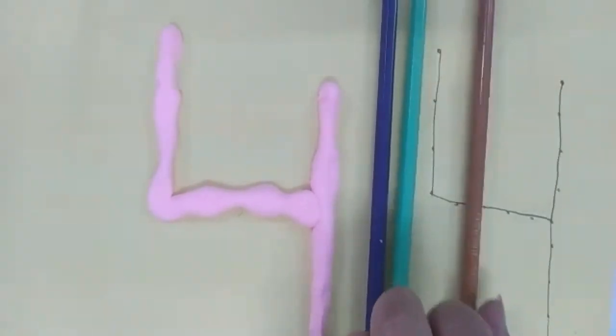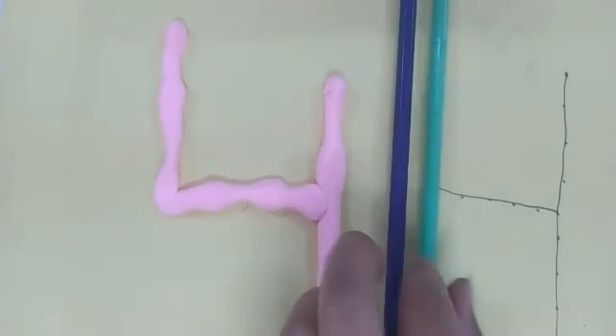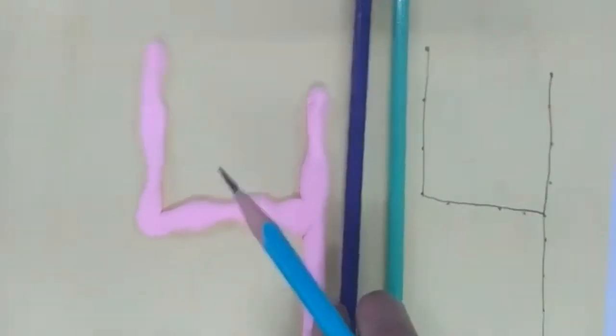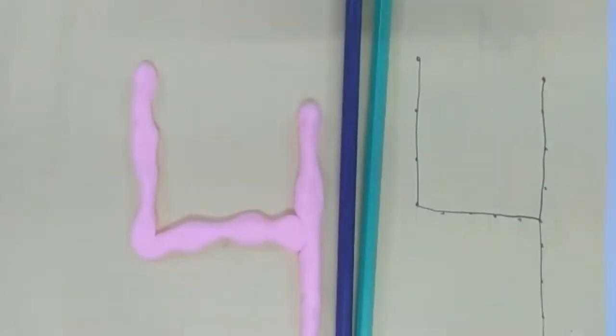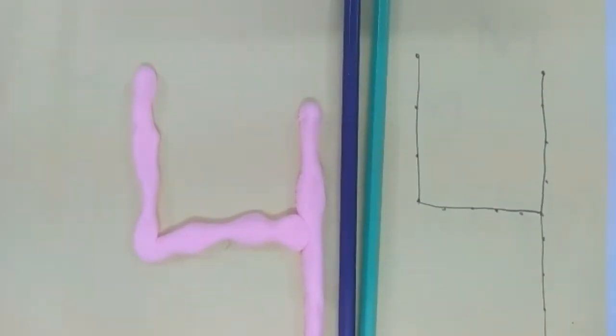Very good. 3 pencils. So I remove this one pencil. Now tell me how many pencils are left? अब कितने pencil रह गए हैं? 2. Shabash. 1 and 2. How many? 2 pencils.